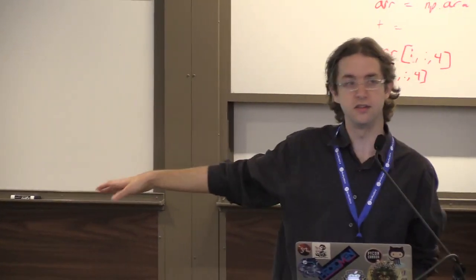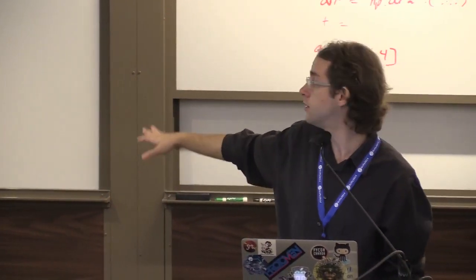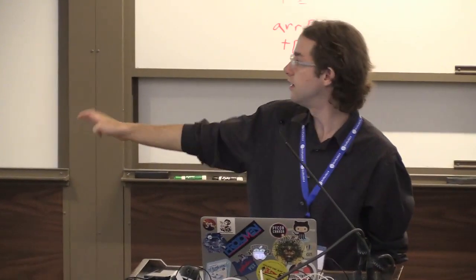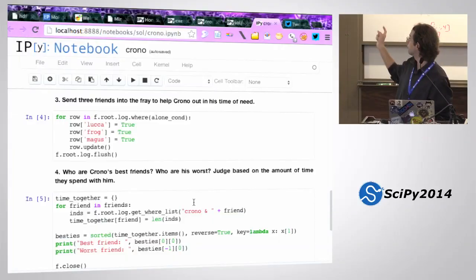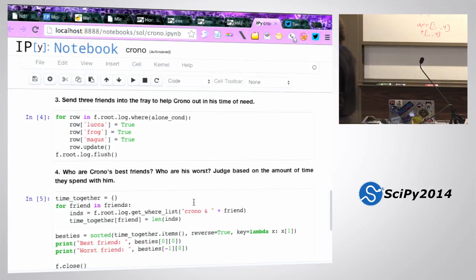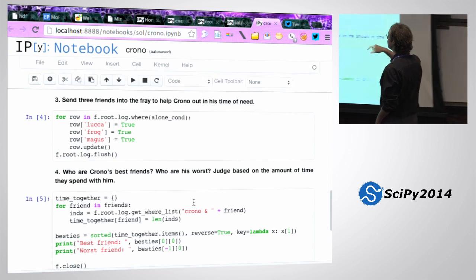This notion of programmatically creating these num expressions is pretty useful. Okay. Then, if you want to send in 3 friends, you can just index where Chrono was alone for those points, and for those rows, set them equal to true.